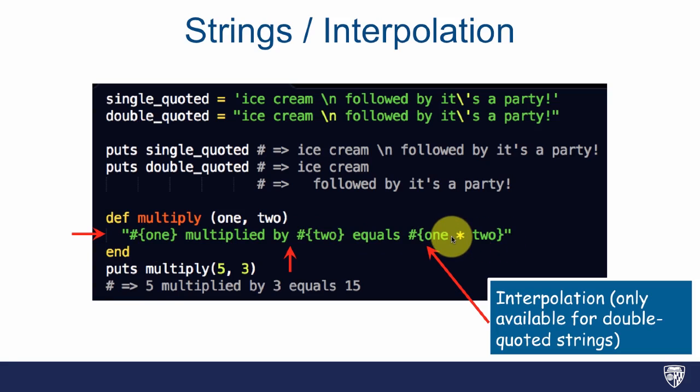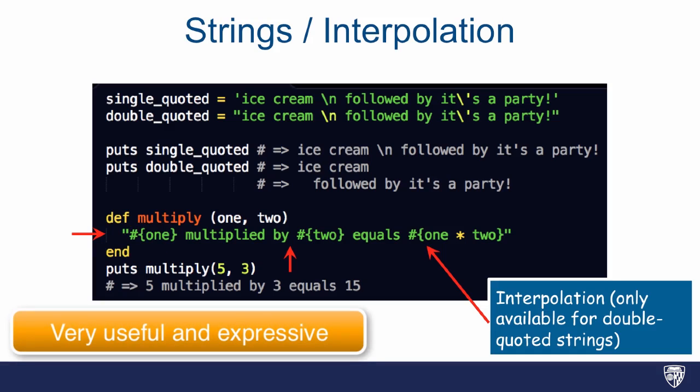So as you could see, what's happening here is that you are embedding the values either of the actual parameters or variables, or even an expression 1 multiplied by 2, and that gets converted to a string, and you have one nice long string. And this is very useful, I think, and very expressive in that you don't have to stop and type one string, then close it and put a plus, type a value, type another string. It sort of just flows.